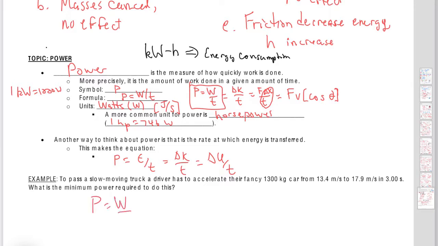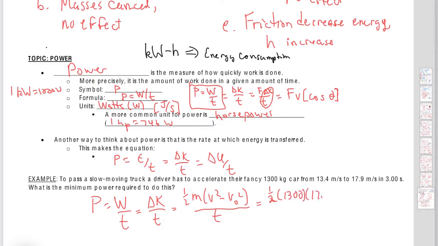So if we start with our equation, power equals work over time. But remember, work is change in kinetic energy. And so we can just simply do 1/2 mass times v squared minus vo squared over t. And so that's just going to be 1/2 times 1,300 times 17.9 squared minus 13.4 squared over 3 seconds.